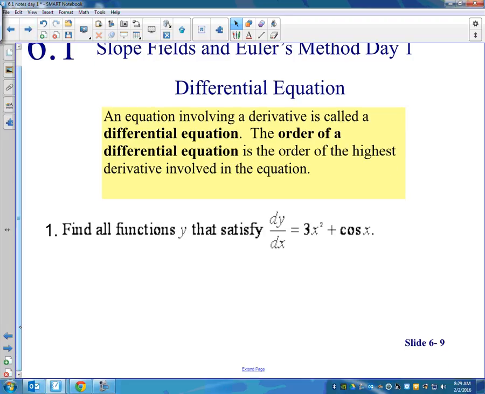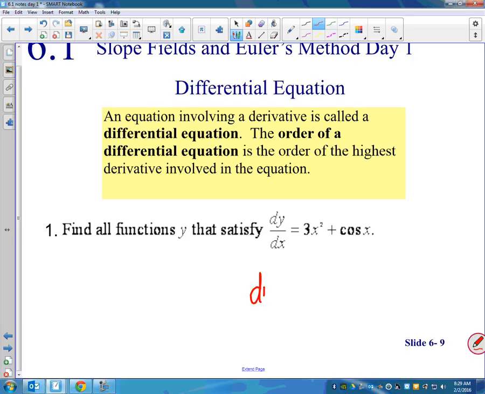So, let's find all functions y that satisfy this differential equation. Basically, what we can do here is integrate both sides, but if we wanted to integrate this, think about what's missing. We need that dx there. So what if I just multiply the dx over here? Can I do that? dy over dx just means the derivative.